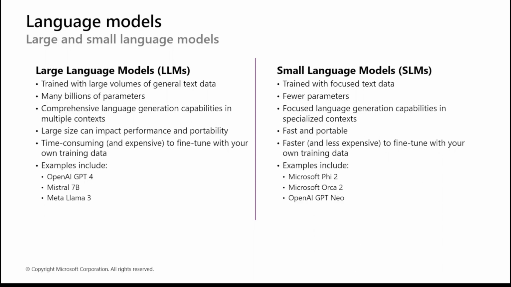Similarly, you have SLMs, small language models, which are trained with smaller, basically, as the name implies, more subject focused datasets and typically have fewer parameters than LLMs. This focused vocabulary makes them very effective in specific conversation topics, but less effective in more general conversations.